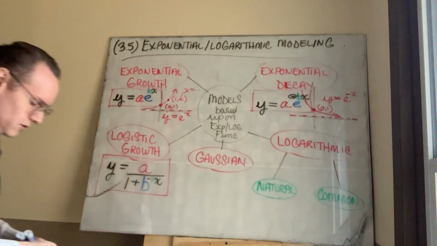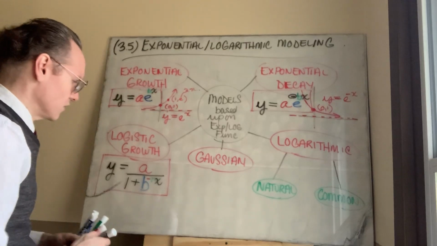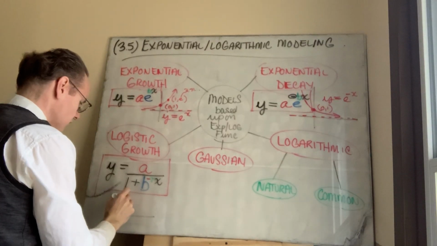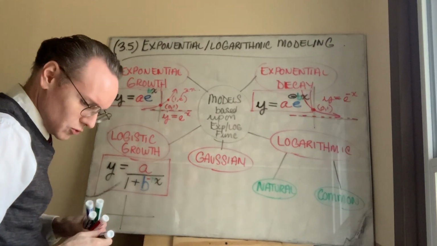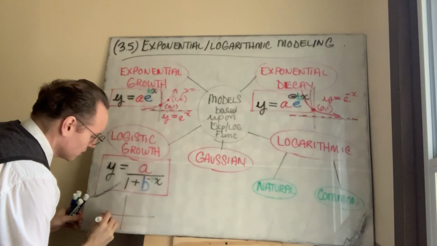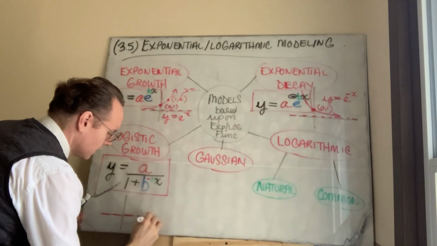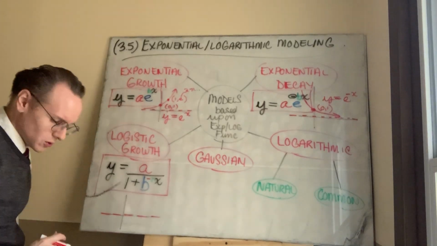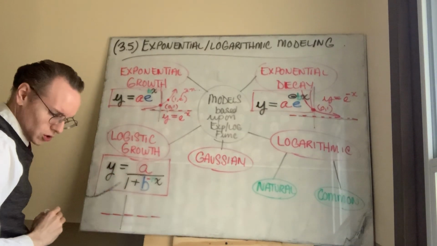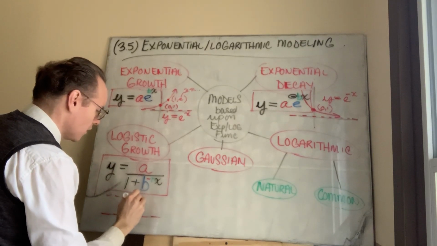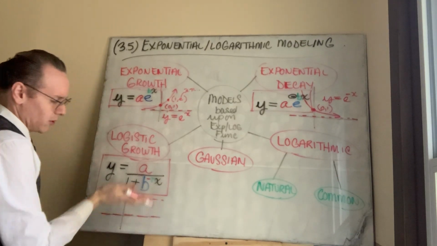Now, as far as the graph is concerned, it's pretty interesting. It looks something like this. It has 2 asymptotes. An asymptote that is more or less the normal thing running along the x-axis, and then an asymptote based upon whatever the a is usually here, running parallel.